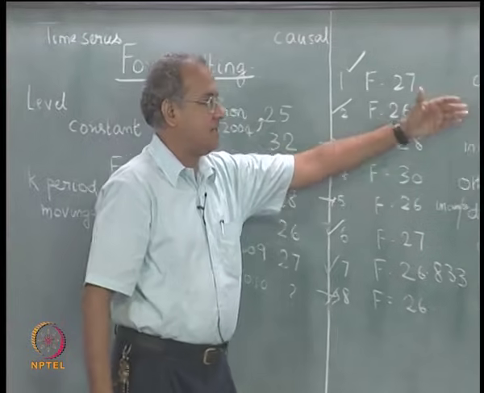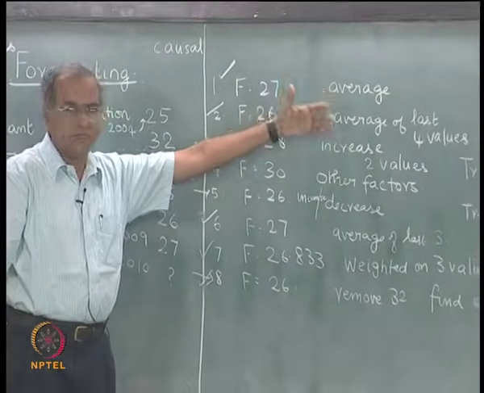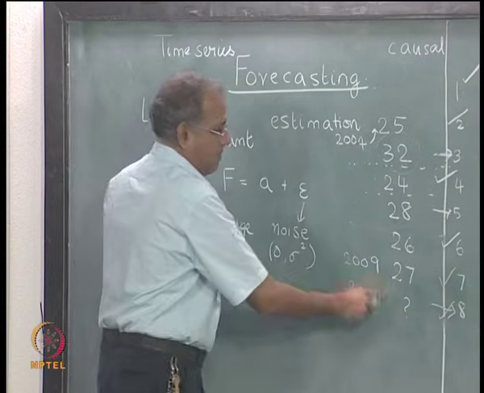Other things such as trend models and other causal models we will see as we move along. Now, let us look at one more thing. Let us look at these pieces of data once again.